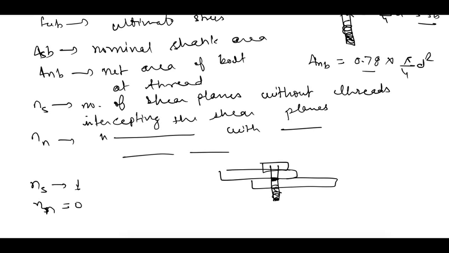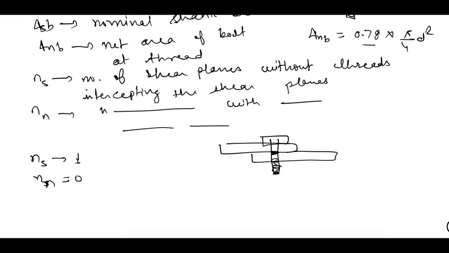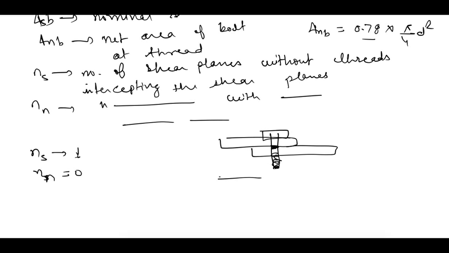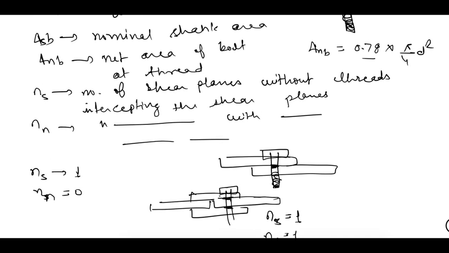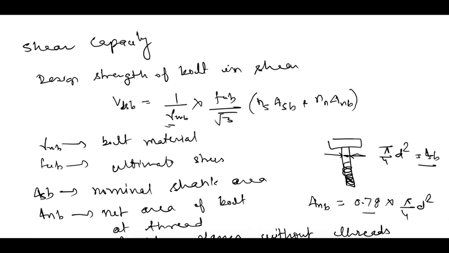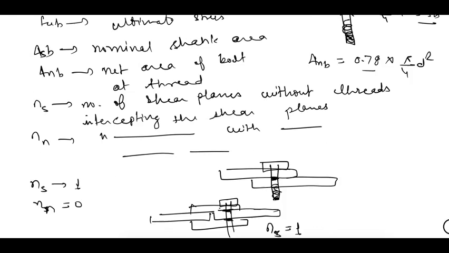And if the thread also intercepts the shear plane, generally if we take a butt joint, in that case at this plate the shank may be there, and at this place the root will be there, so for this case ns would be 1 and nn would also be 1. So that way we can calculate the design shear strength of the bolt.